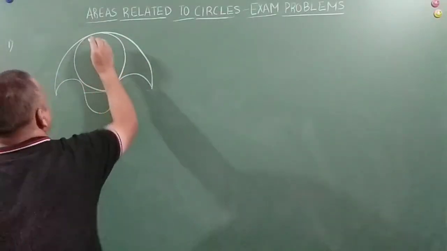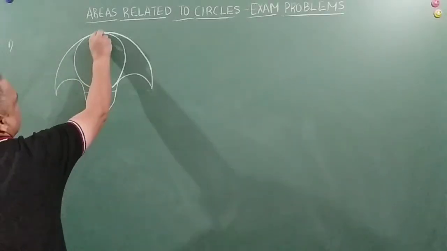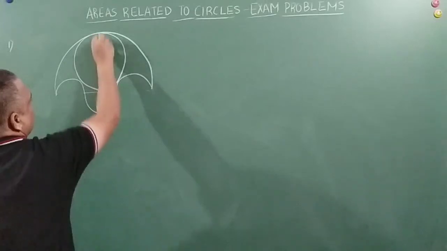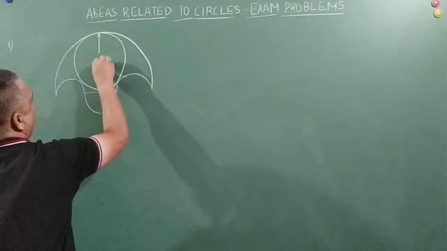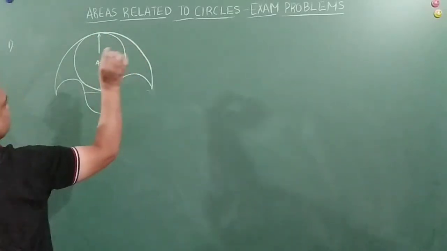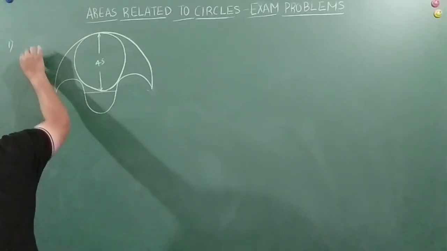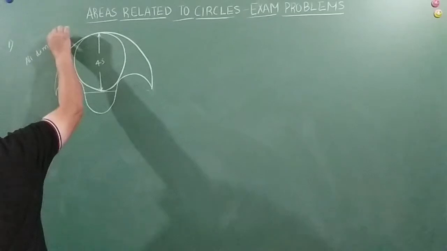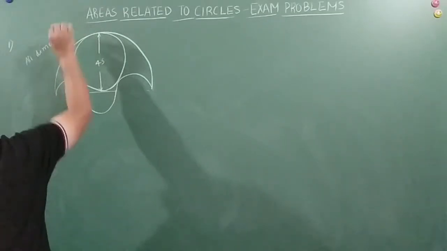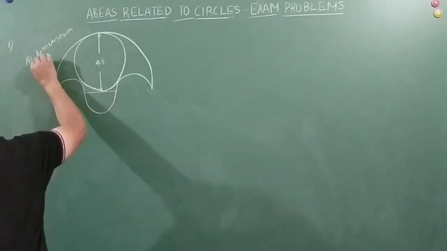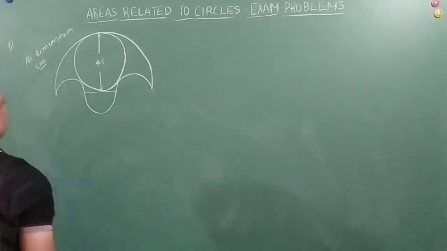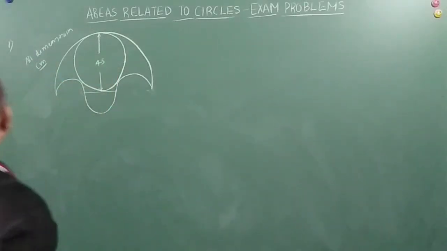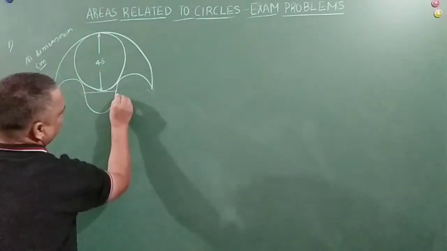I'll give the dimensions. This diameter is 4.5. All dimensions in centimeter. So I will not write 4.5 again. And this is given to be 3.